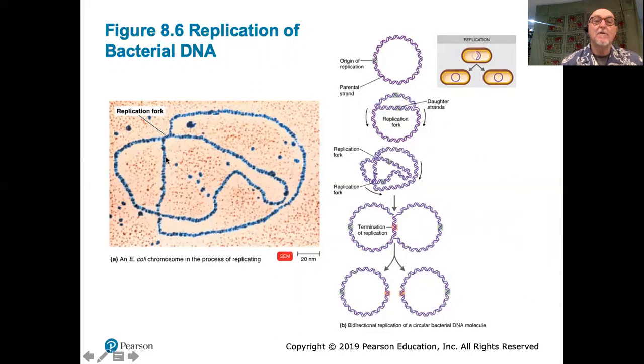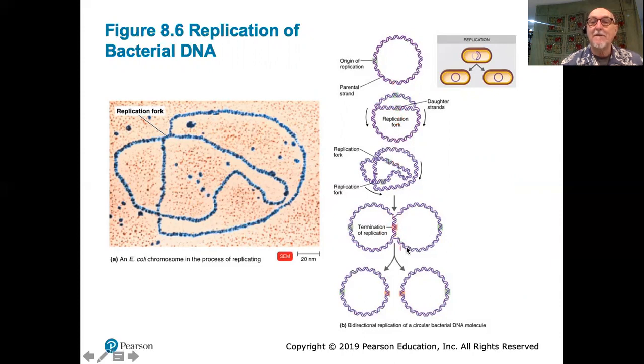Those replication forks are about to meet in the middle there. Absolutely brilliant picture. And these are the new chromosomes behind. Each chromosome is composed of one parental strand and one new strand. Here are the replication forks, they're going to run together. Exactly that is shown to you here.